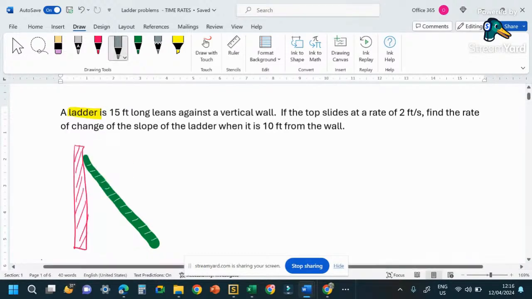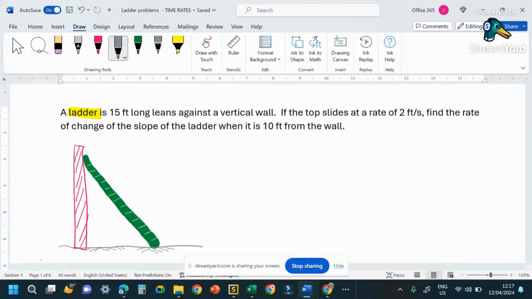You can move it anywhere you want. And normally, it is leaned on a vertical surface. Normally, it stays on the ground and it's leaning on a vertical wall.